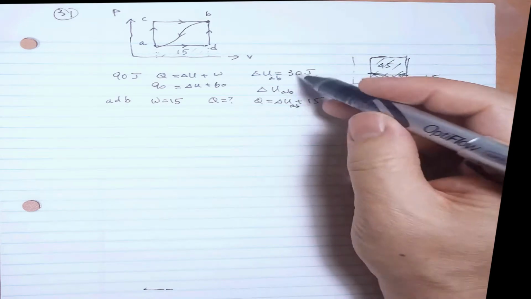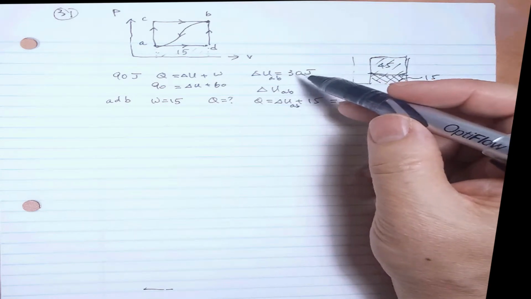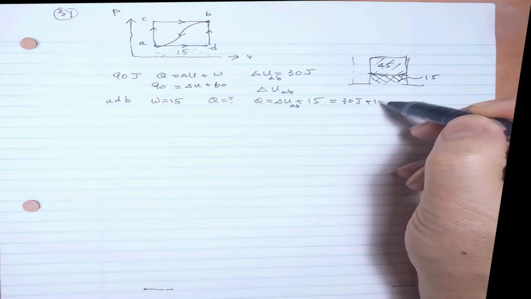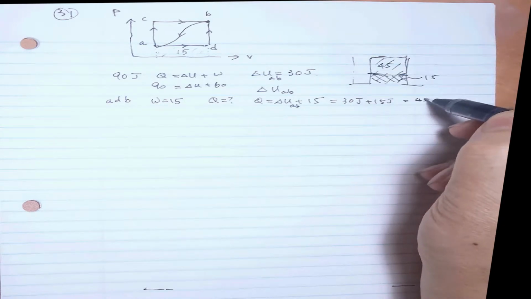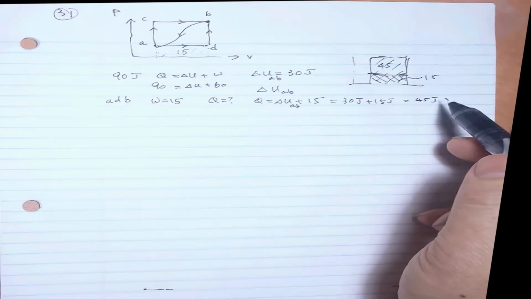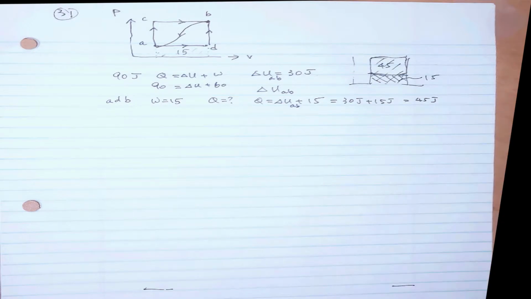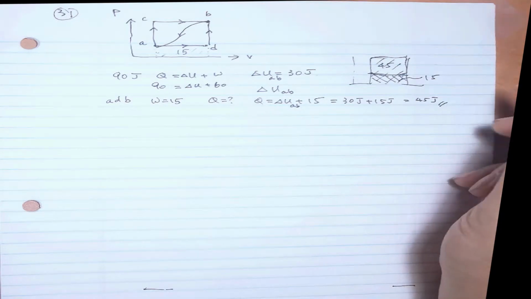So we could use the same internal energy, 30 joules, plus 15 joules of work, so it will be 45 joules, and since this is positive, the heat flows from the environment to the system. So the answer to part A, how much heat flows into the system along the path ADB, is 45 joules.